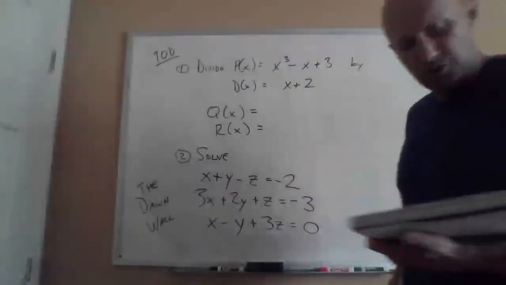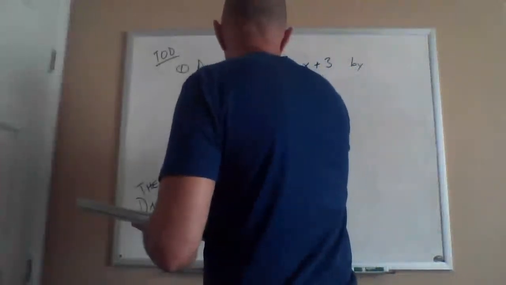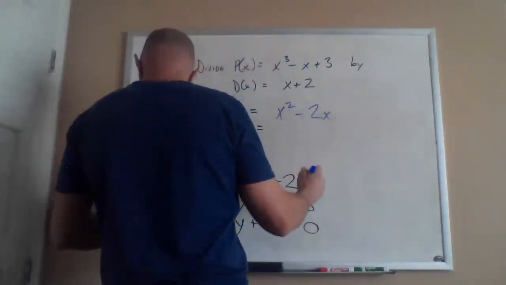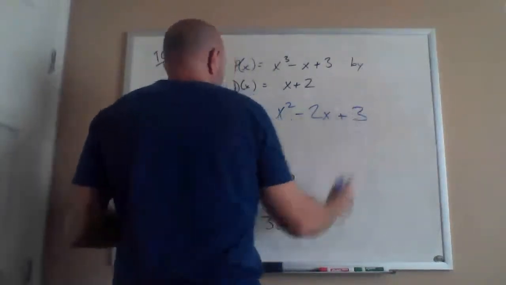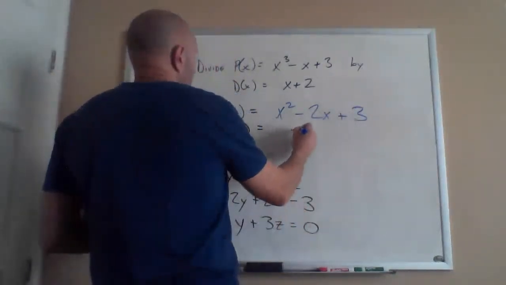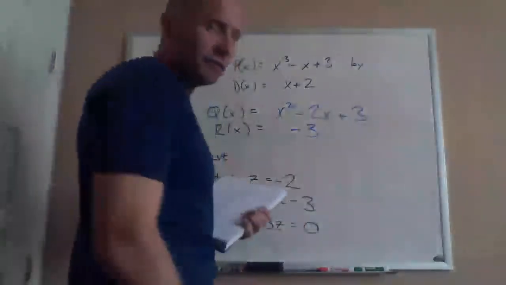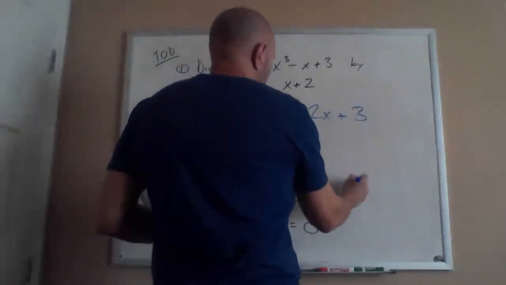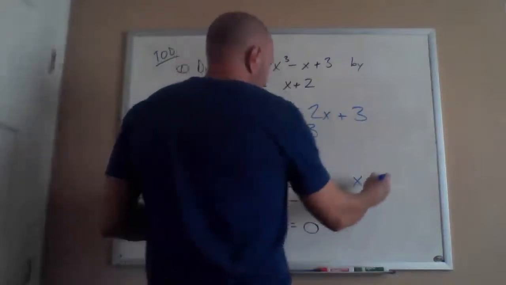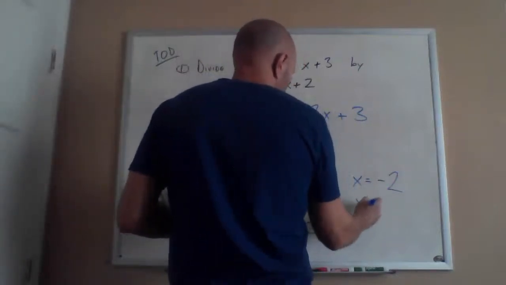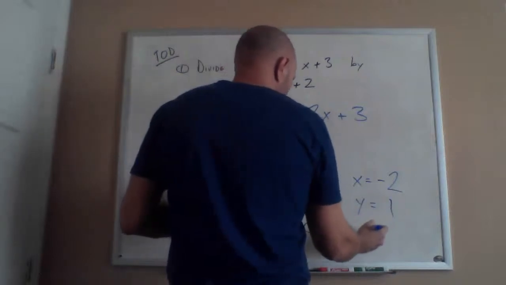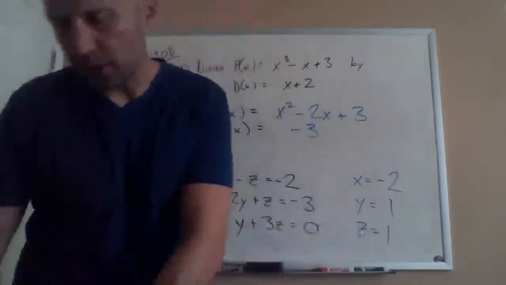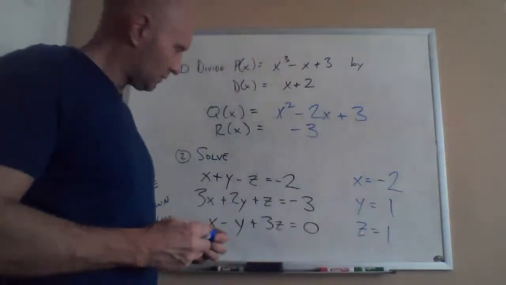So for the first one, q of x, you should have x squared minus 2x plus 3, and r of x is negative 3. And then for the bottom one, x should be negative 2, y should be equal to 1, and z is also equal to 1.